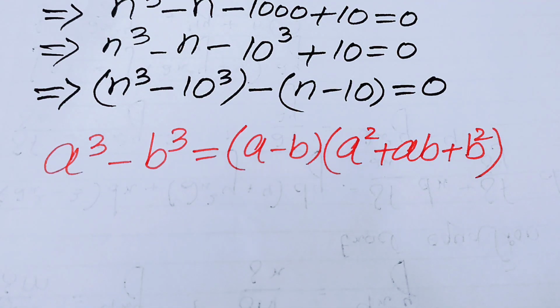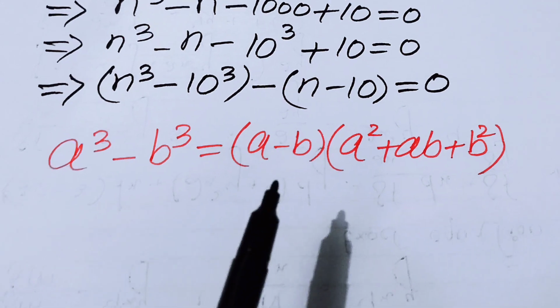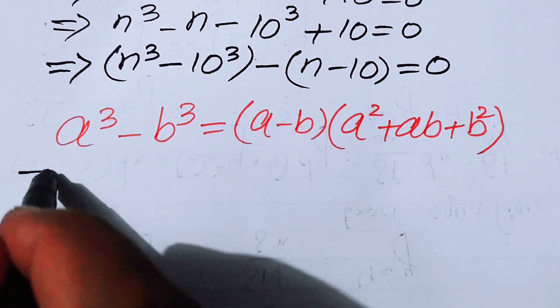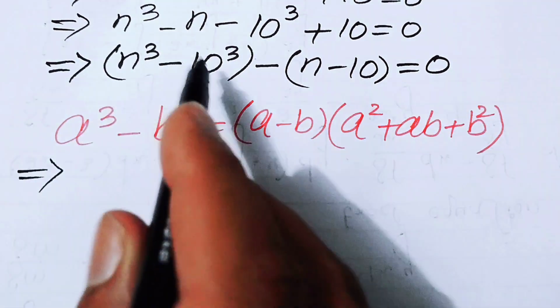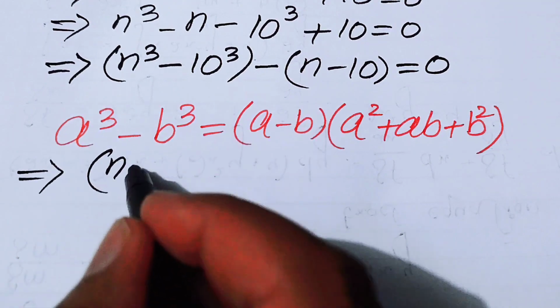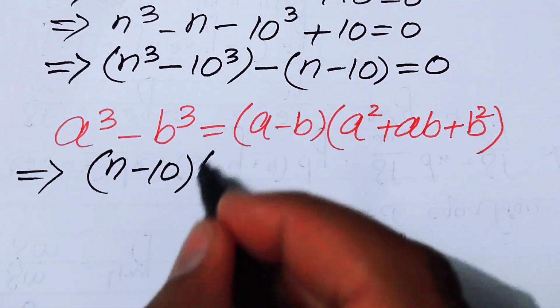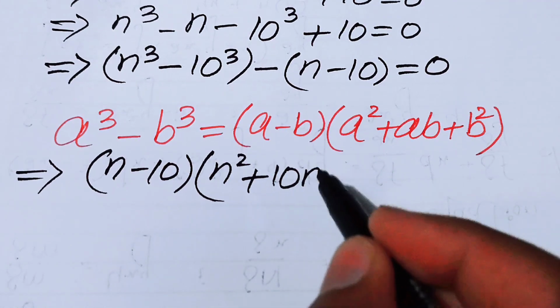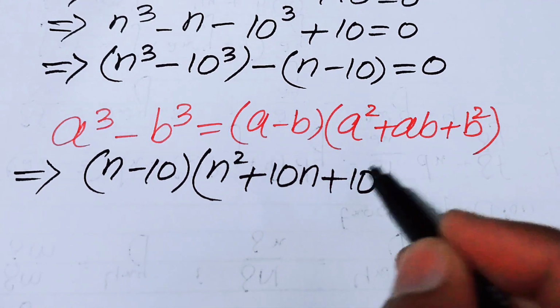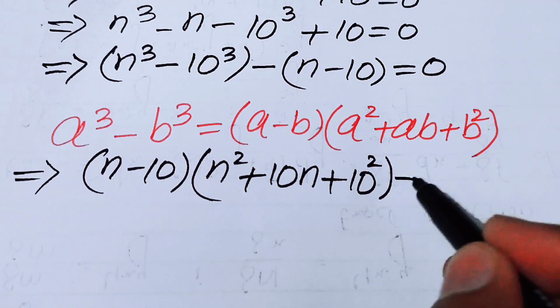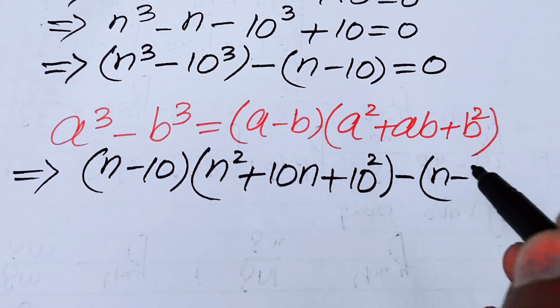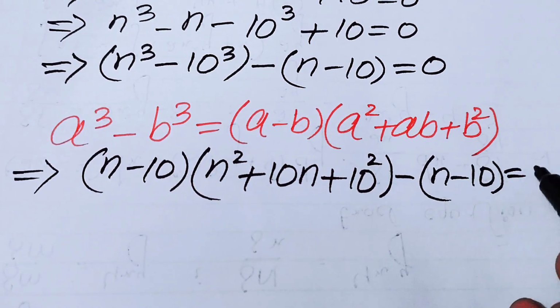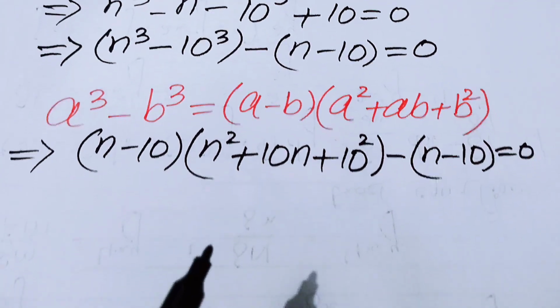So now we can apply this cubic formula to the above term and we get n minus 10 times n squared plus 10n plus 10 squared, minus n minus 10 is equal to 0.